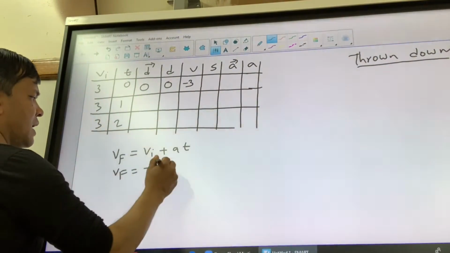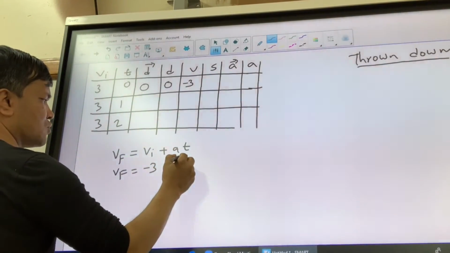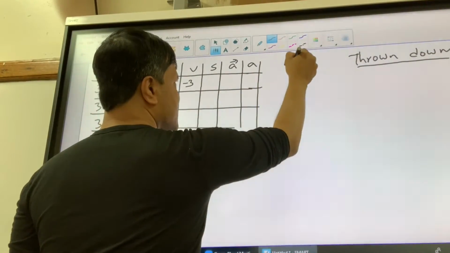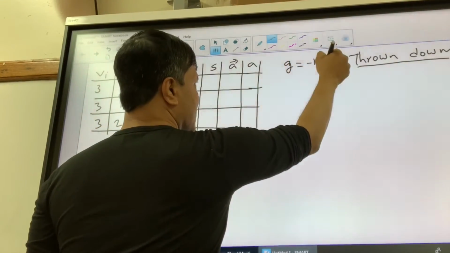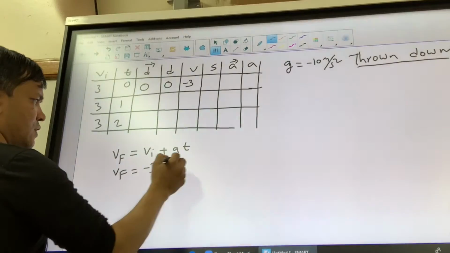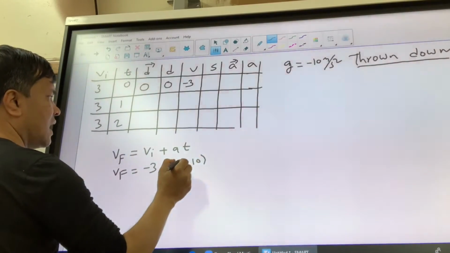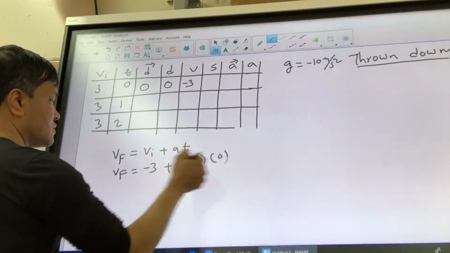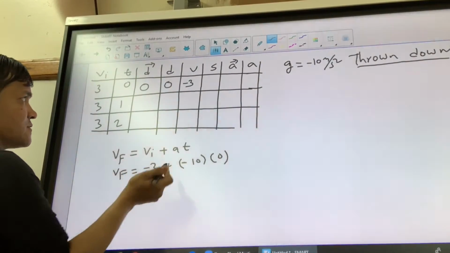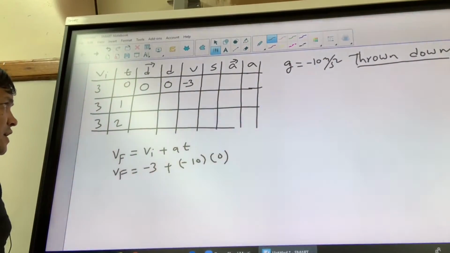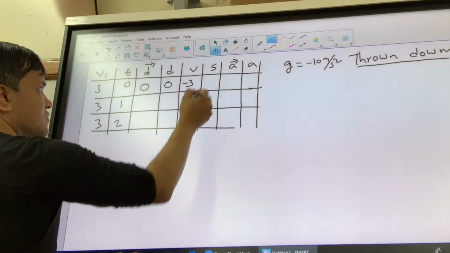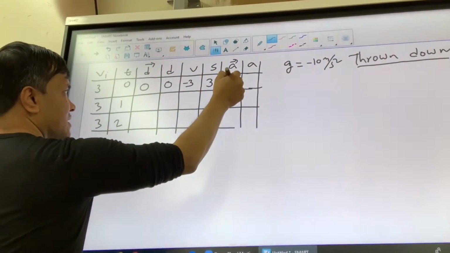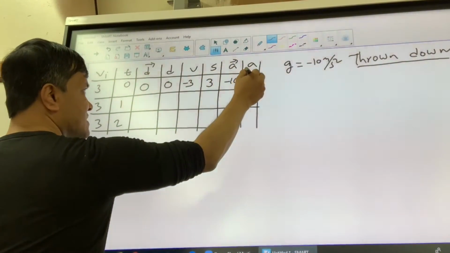Okay, -3 plus the acceleration due to gravity. Today we're going to use g is equal to -10 meter per second square. So -10, and the time is 0. So velocity at 0 second is -3. So speed is 3, acceleration is -10, and magnitude of acceleration is 10.